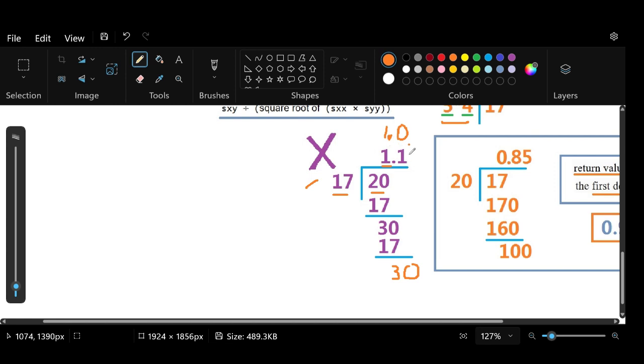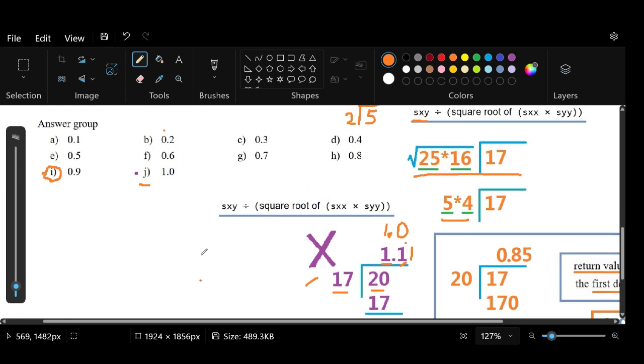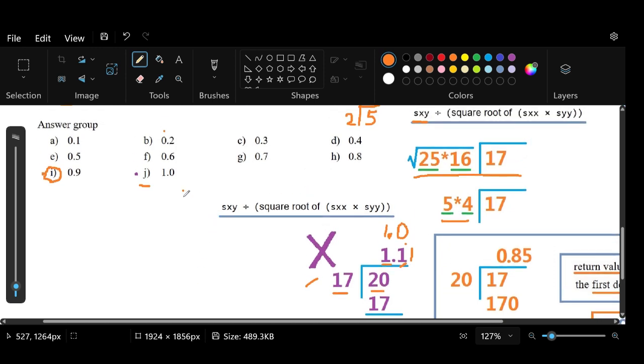But in fact, the first decimal place is this one, and if I had 1 here, then it would be 1.1. 1.1 would be the answer. And if we look at the answer group, actually there's no 1.1 here.